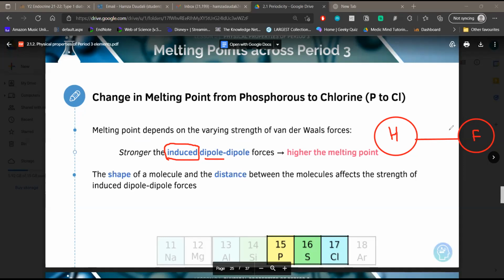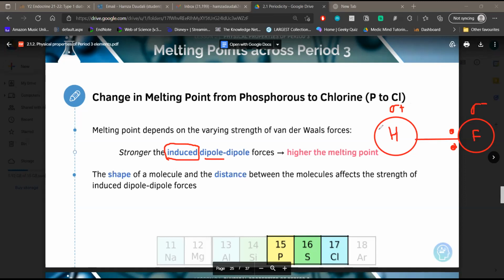It's a very electronegative element. So therefore, the electrons within this bond are going to move closer to this side. So therefore, fluorine is going to become slightly electron dense, whereas hydrogen is going to become slightly electron deficient, or slightly negative and slightly positive.